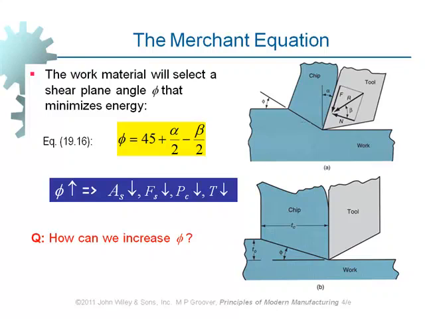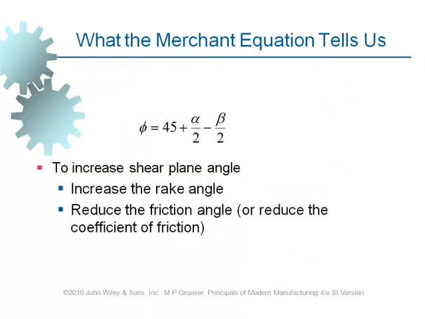Before this, nobody knew that. When this equation is introduced, then it's very easy to say that by increasing rake angle, which is alpha, and reducing friction angle, which is beta, we can increase phi. Right? Now we know the importance of the Merchant equation. It's telling us something which is important.